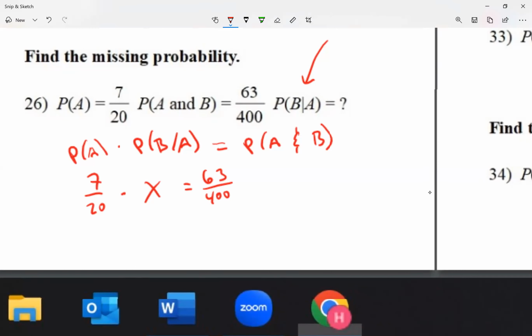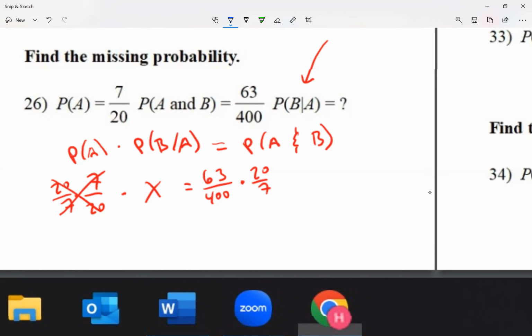Okay, gotta solve for X. So let me divide by 7/20, or we also say, let me multiply both sides by 20/7. Remember, when we divide by a fraction, we multiply by the reciprocal. So I just flipped it. I can cross multiply, or multiply straight. Let me simplify first. I don't want to go 63 times 20 and then 400 times 7.